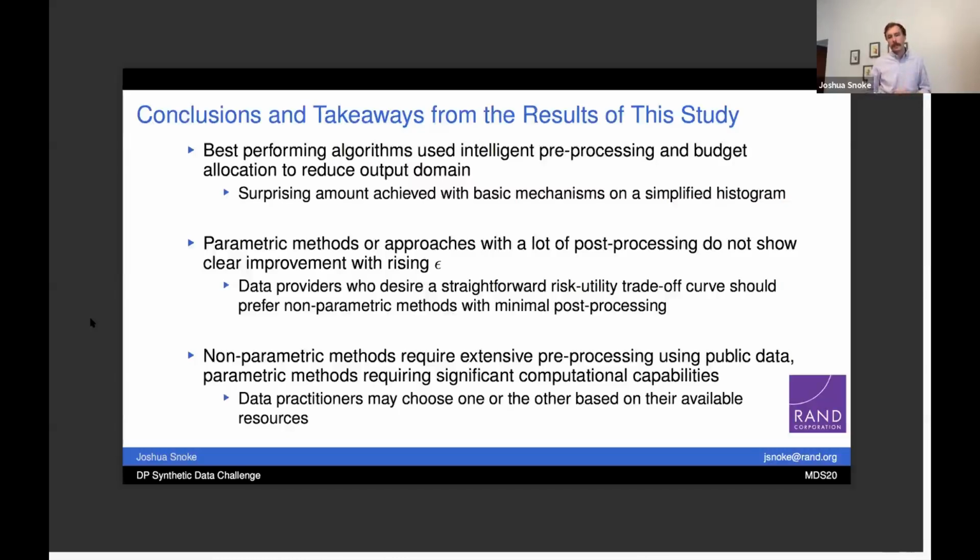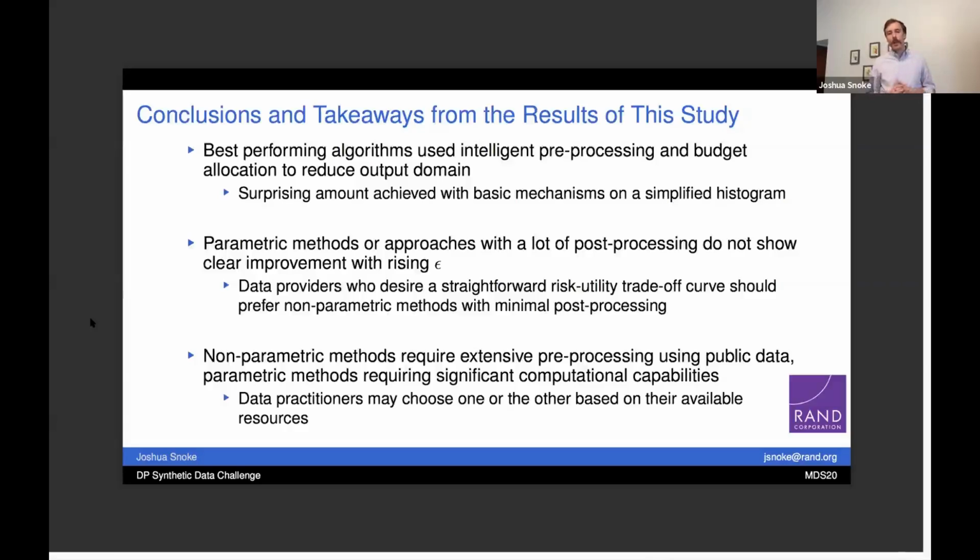The second thing is that the parametric methods, or the approaches that have a lot of post-processing, didn't show as clear of improvements with rising epsilon. I'm sure many people have seen these kinds of privacy loss accuracy trade-off curves, where as you increase epsilon, you will see your utility increase.